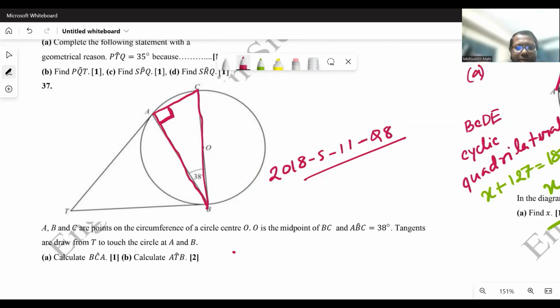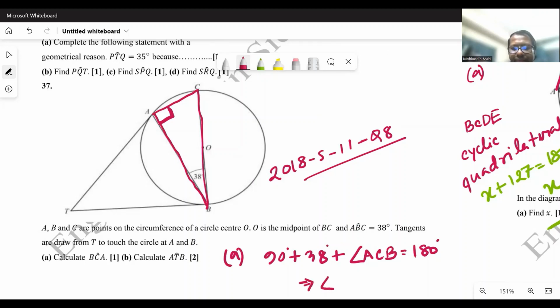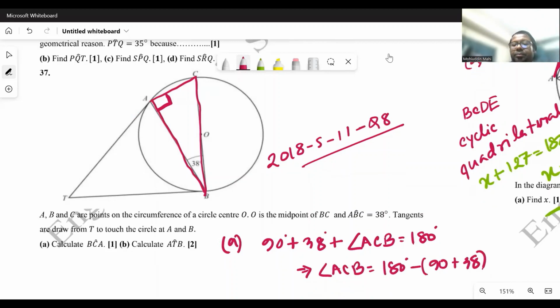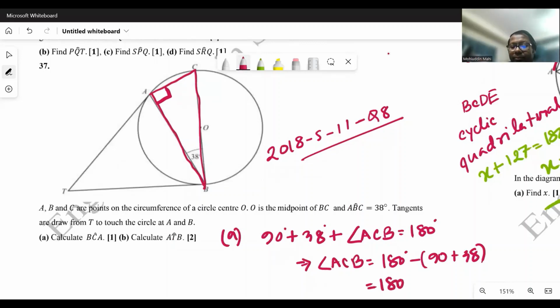So in triangle ABC, 90 degrees plus 38 plus ACB equals 180 degrees. So ACB is 52 degrees.